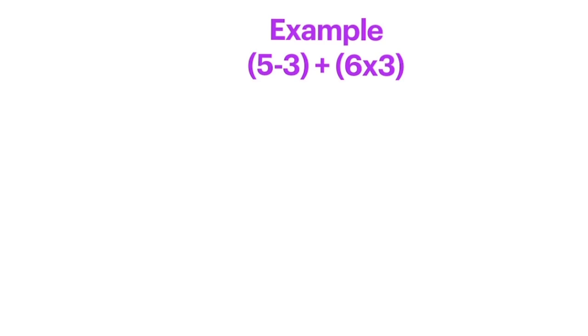Now let's try this example. Now you can notice here two brackets are there. So according to BEDMAS, you need to simplify the bracket first. Then you can go for addition. So first we simplify any bracket you can choose. So first we go for the subtraction bracket. So 5 minus 3 equals 2.